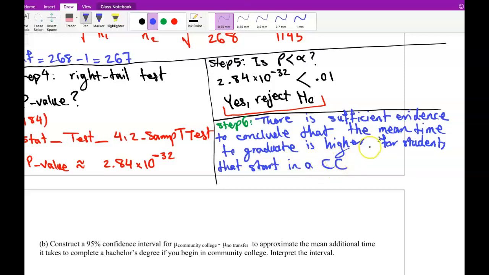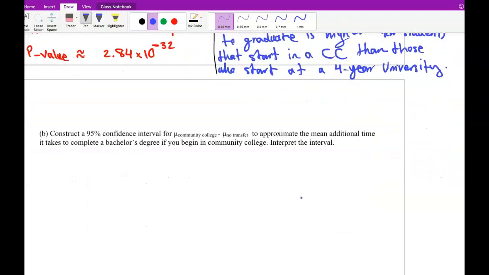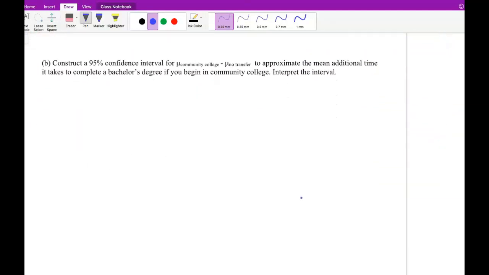I'm using CC. Then those who started a 4-year university. Okay, we finished that part.